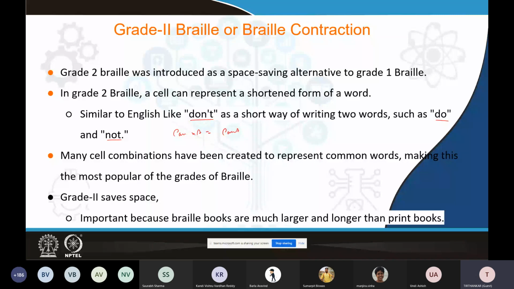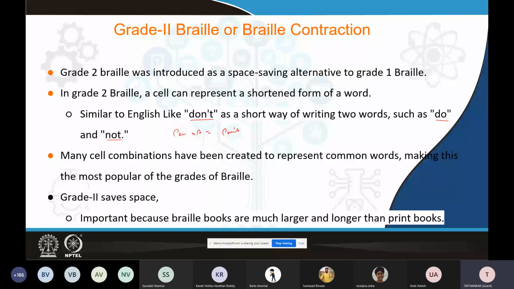So essentially we do some kind of compression, and it becomes very conversant for people to understand. These kinds of compressions become very important when we are talking about braille representation, because they reduce the page size and increase the amount of content that can be put in one single page.